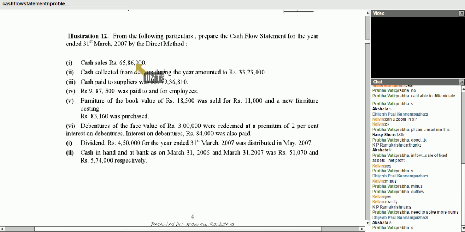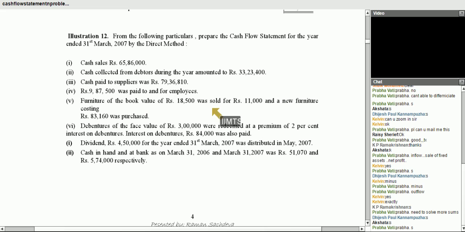Cash sales is rupees 65,86,000. Cash collected from debtors during the year is 33,23,400 rupees. Cash paid to suppliers was 79,36,810 and 9,87,500 was paid to and for employees.